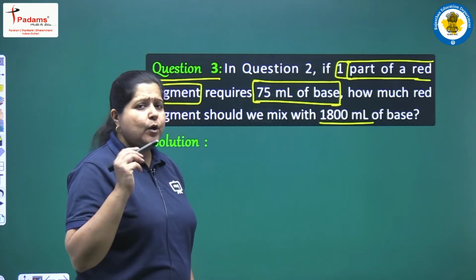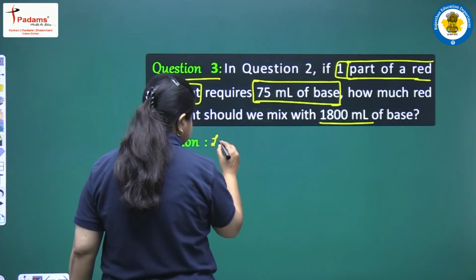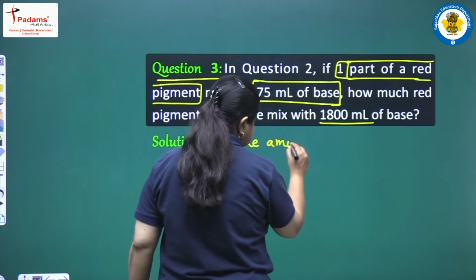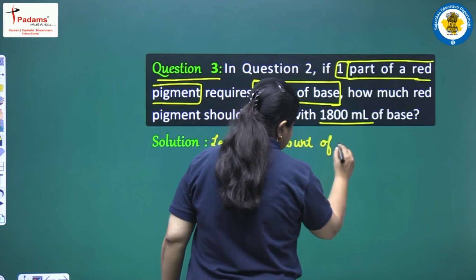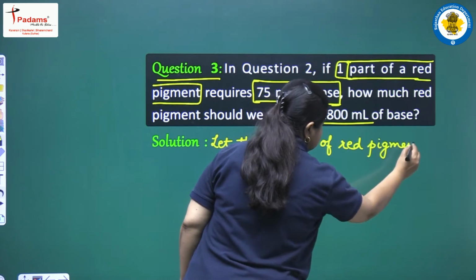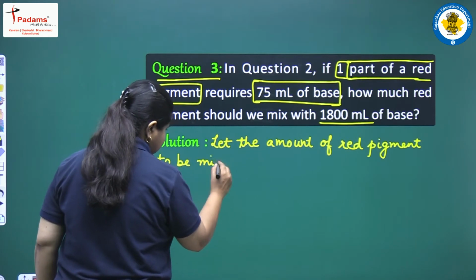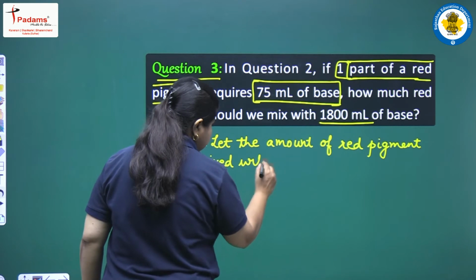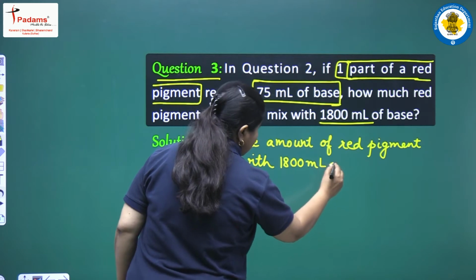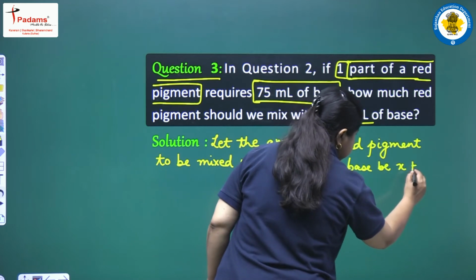First, the unknown we denote by a variable. We write the solution here. We suppose that let the amount of red pigment to be mixed with 1800 ml of base be X parts.